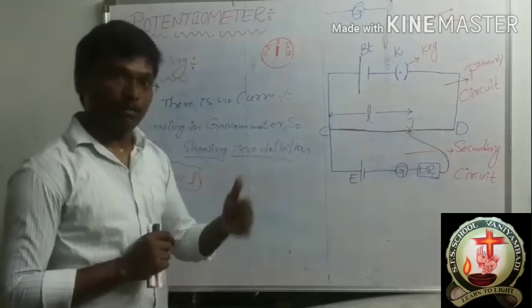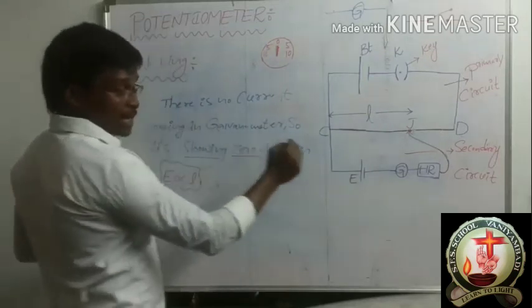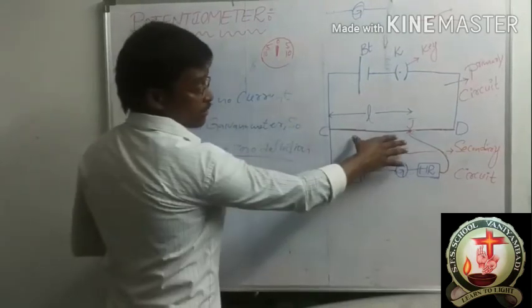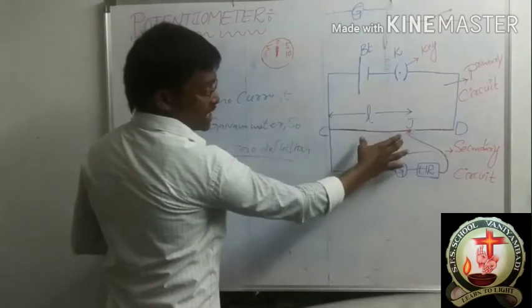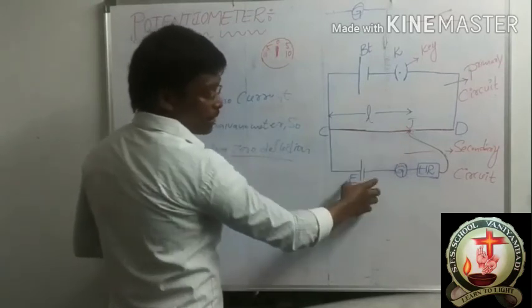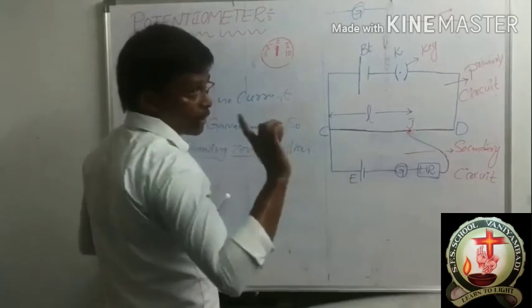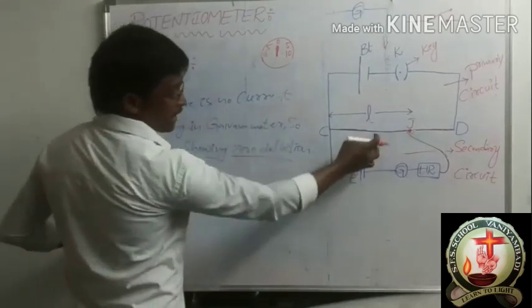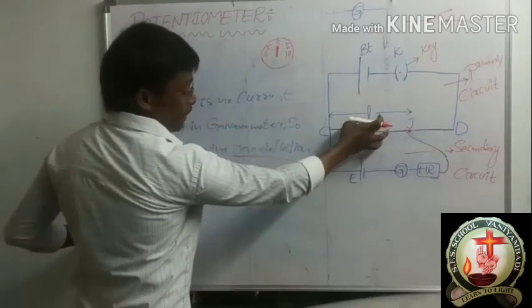Otherwise, the potential difference across the length is directly proportional to the EMF of the cell. I told you 2 points. First one: the EMF of the cell is directly proportional to the balancing length.